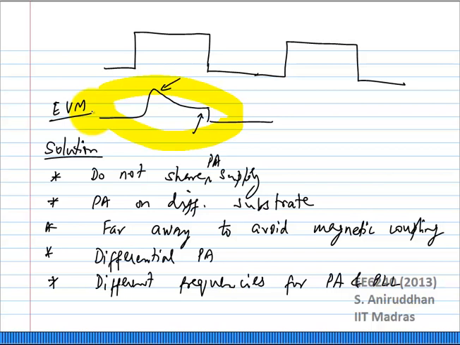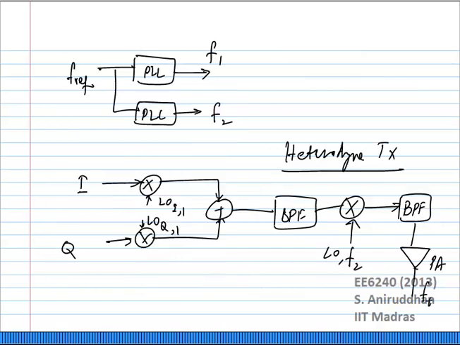Then finally, if you really want to help it even more, you can choose different frequencies for the power amplifier and the PLL. Now there are many ways in which you can achieve this. And one obvious brute force way is to actually use a heterodyne transmitter.